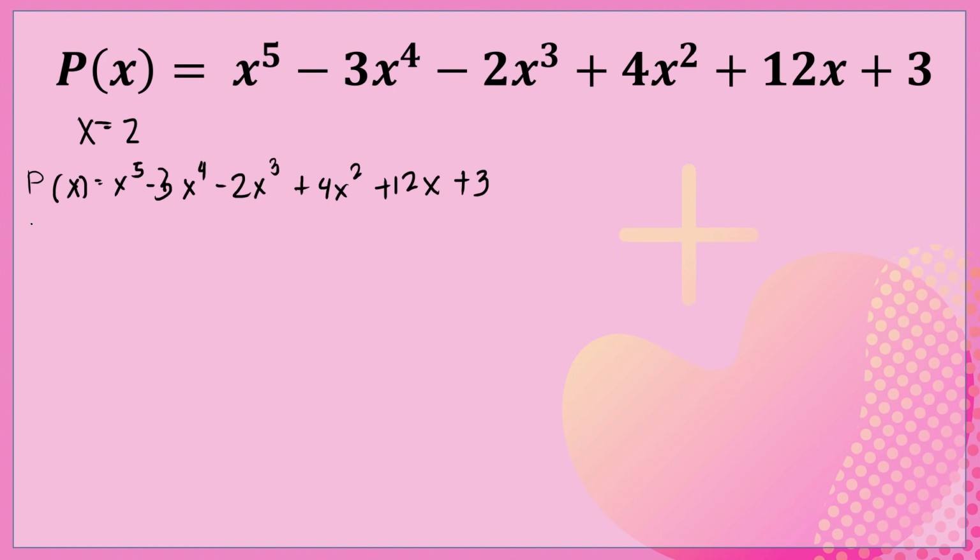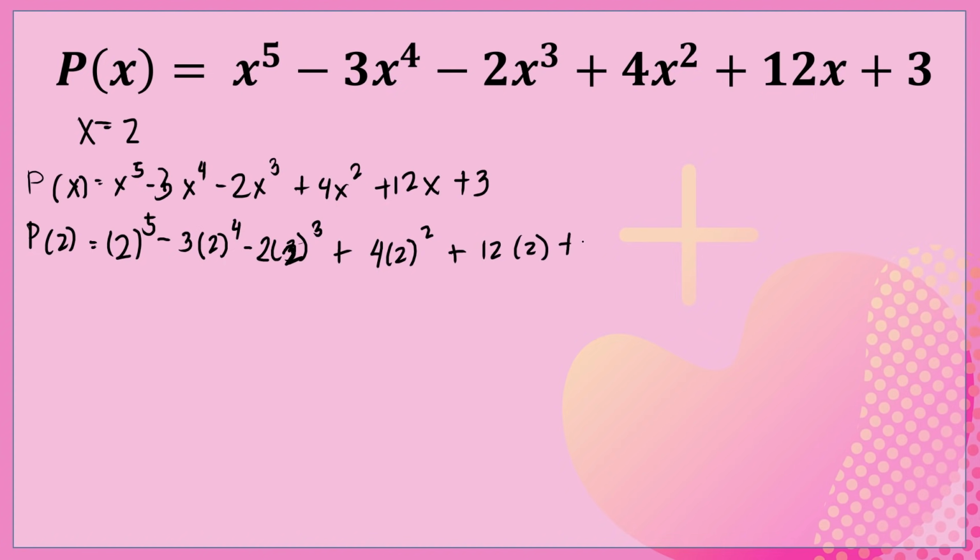So we have the function equals, so we have 2 raised to 5 minus 3 times 2 raised to 4 minus 2 times 2 raised to 3 plus 4 times 2 raised to 2 plus 12 times 2 plus 3.